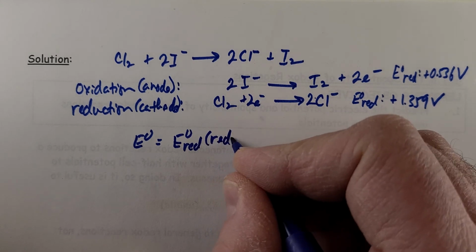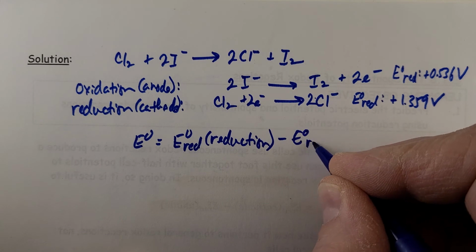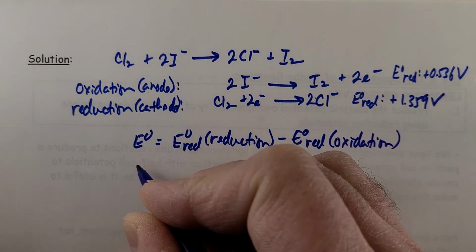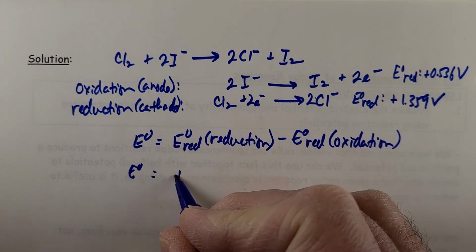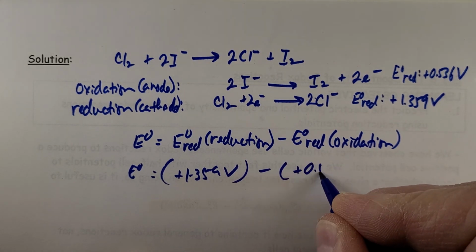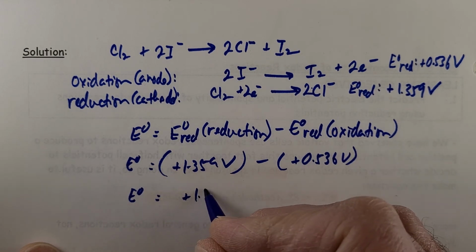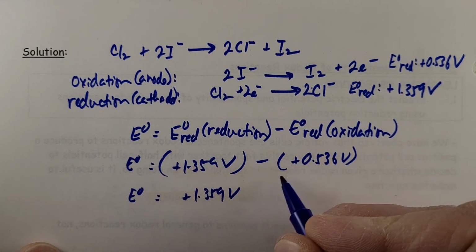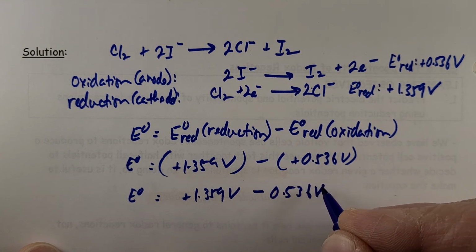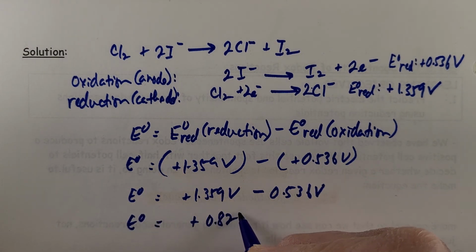And so where we have reduction minus the reduction potential of where we have oxidation, plus 1.359 volts minus plus 0.536 volts, minus positive. So that's going to give us plus 0.823 volts.